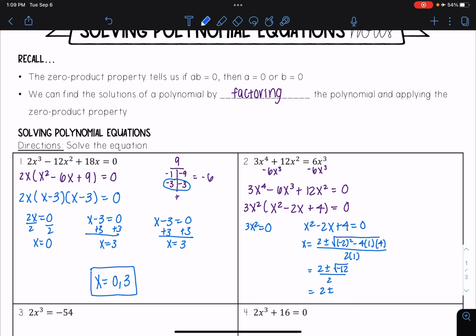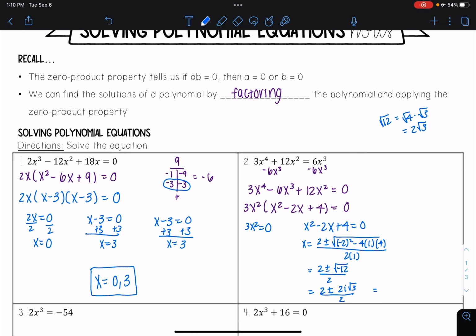Well, the square root of negative 12, that can actually be simplified. So if I do the square root of 12, that's the same thing as the square root of 4 times the square root of 3, which is equal to 2 square root of 3. But since I have that negative, remember we have to take out an i with it. So this is going to be 2i square root of 3 over 2.